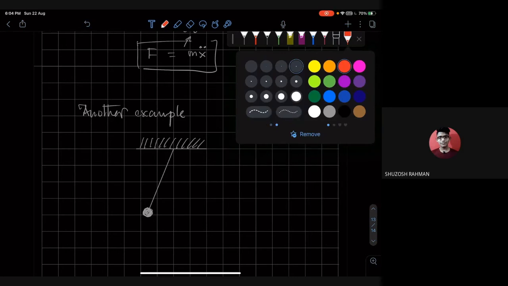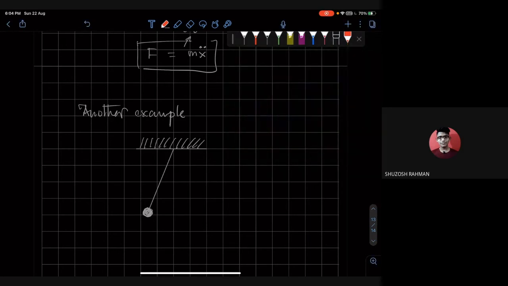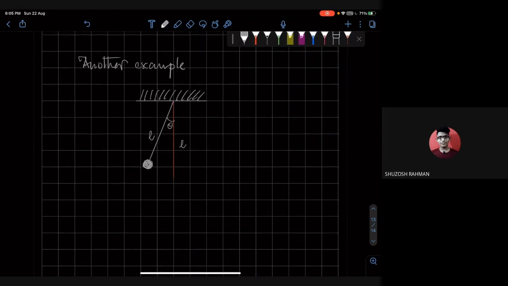Let me draw the vertical, and this is some angle theta, and this is length L, and this is also length L.